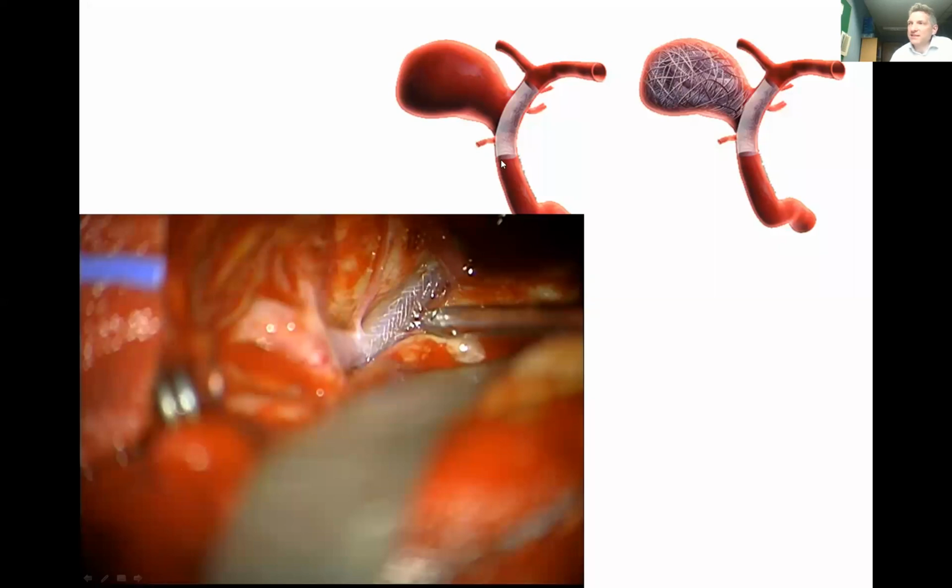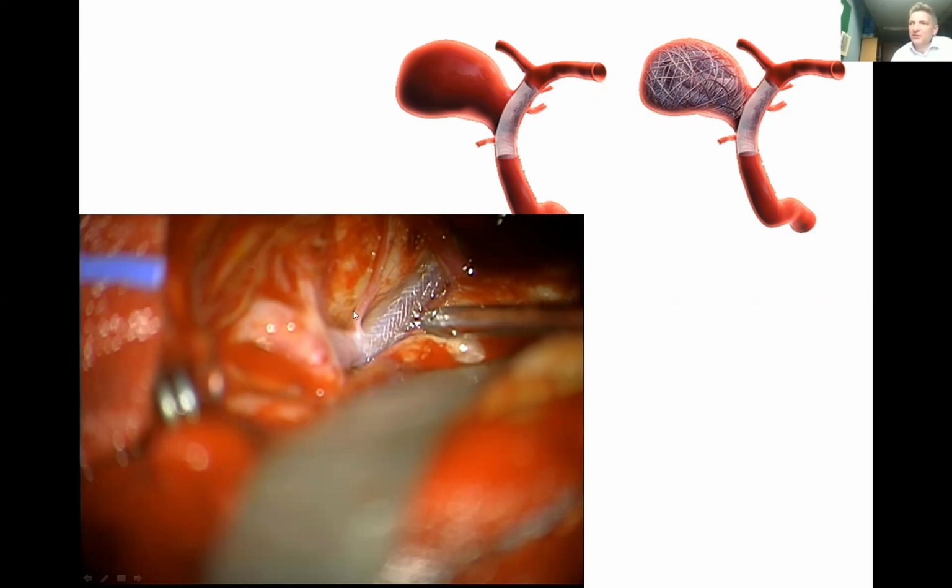For flow diverting stents, they would normally pass the diseased segment, and sometimes you might put coils and sometimes you might not. If you don't, it causes a more gradual thrombosis of the aneurysm. And this is a view of what one looks like. Because they're quite heavily braided, it encourages blood flow through in the direction of the stent.